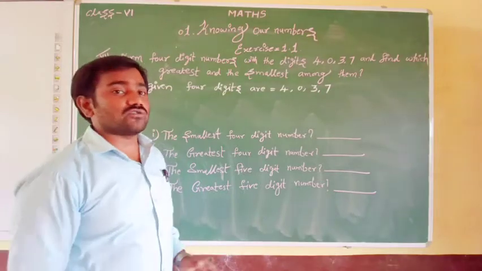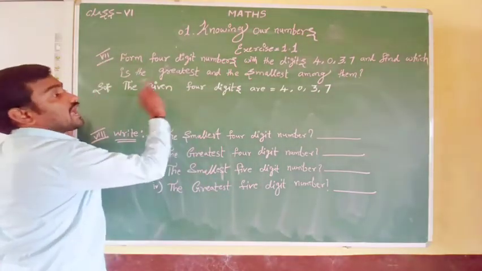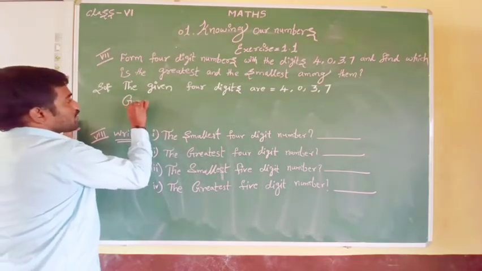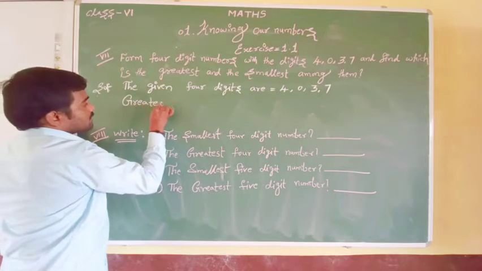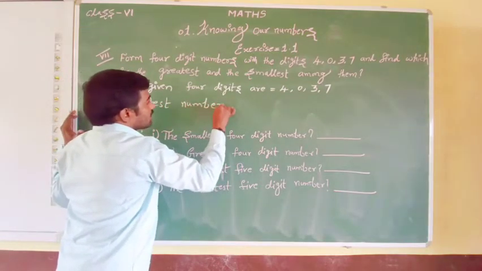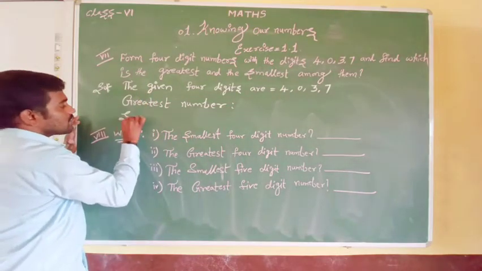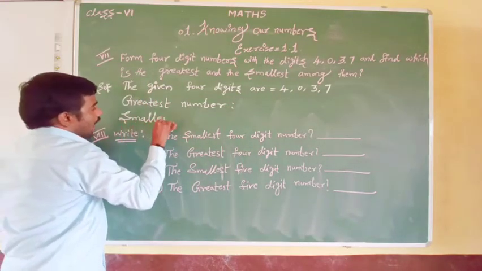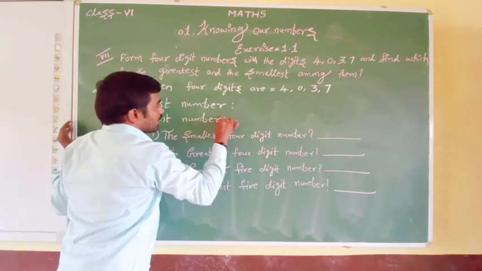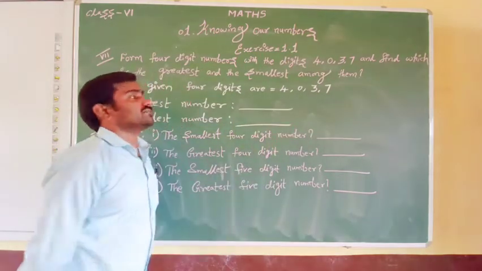So what we need to do? We have to write the greatest and smallest among these numbers. Greatest number and smallest number. Okay, let us see here greatest and smallest numbers we have to write.